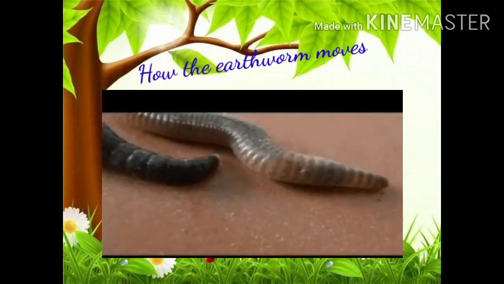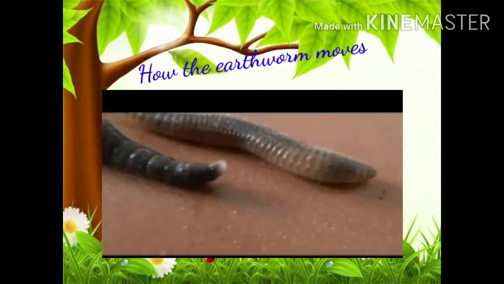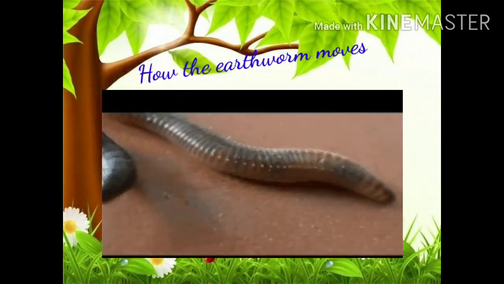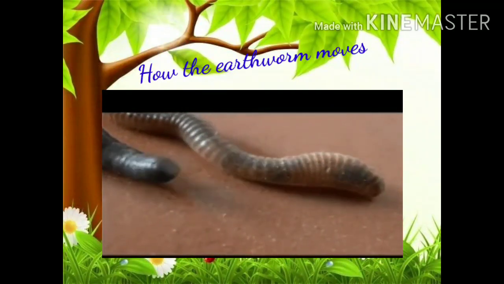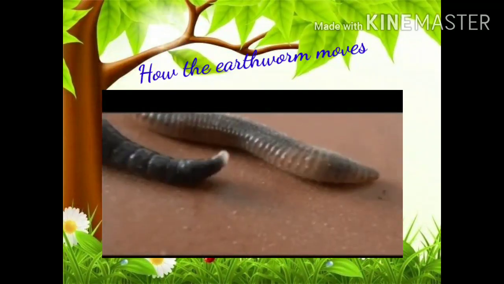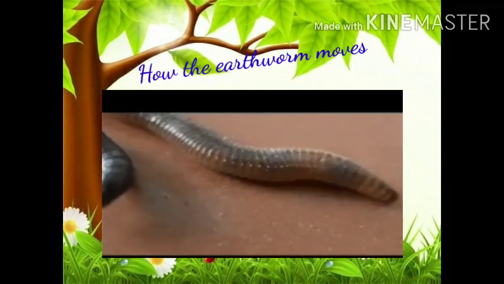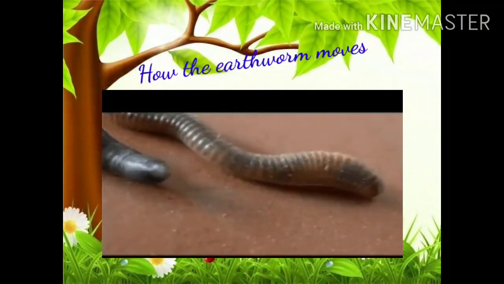Now let's see how an earthworm moves. Earthworm fixes its rear portion to the ground with the help of tiny bristles on its body. Then it extends the front part of its body by muscle expansion. Then it fixes the front end and releases the rear end.